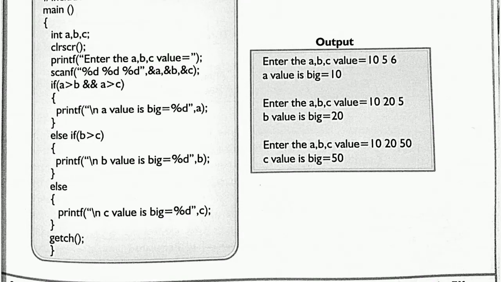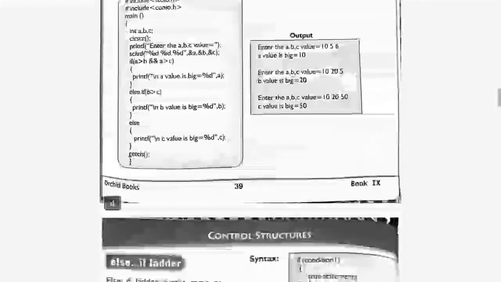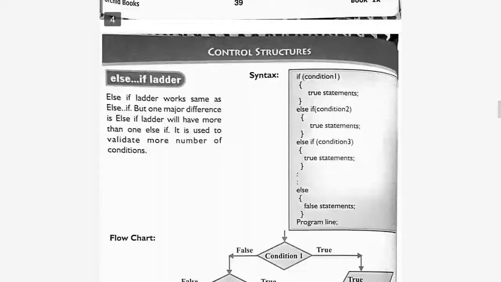When this condition is true, then b is the biggest will be printed. When b is greater than c is false, then c is the greatest will be printed. By this you can find three possible outcomes of these statements.